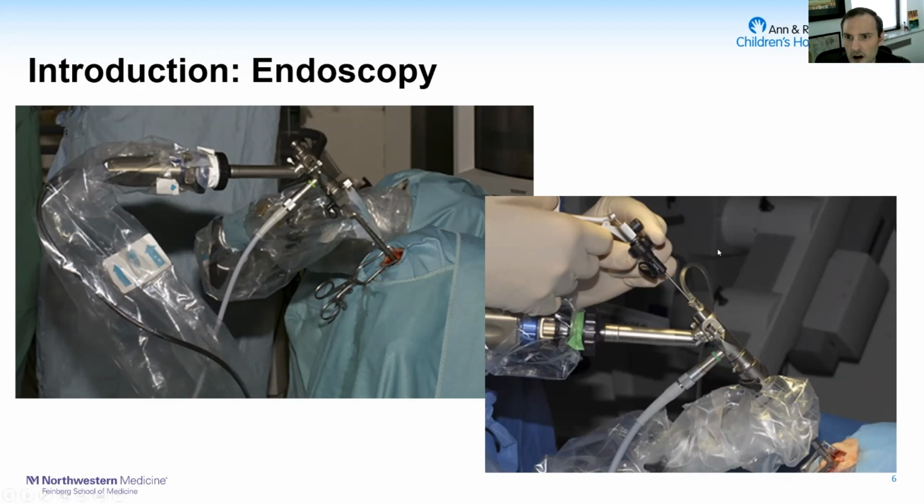And you can see on the photo on the right side, this is a tool being inserted through the working channel of the endoscope. And here the surgeon's using it to take a biopsy or poke a hole in something. And the endoscope holder is holding the endoscope in place.